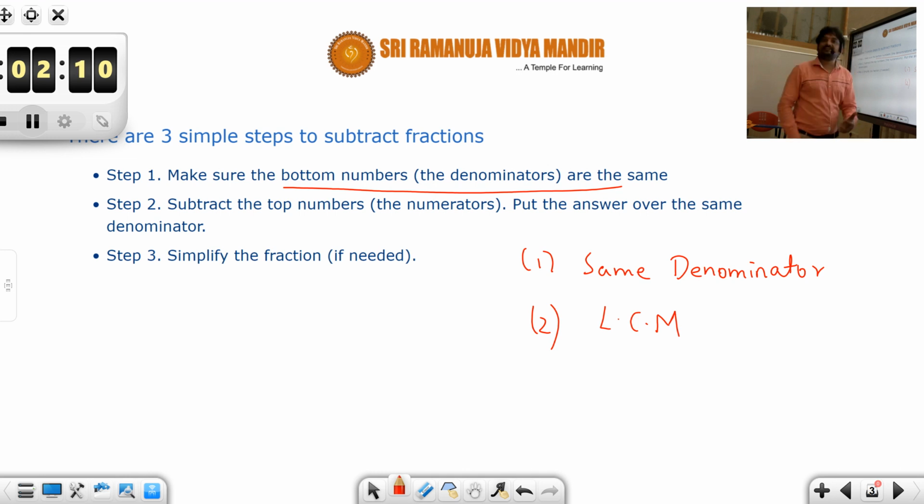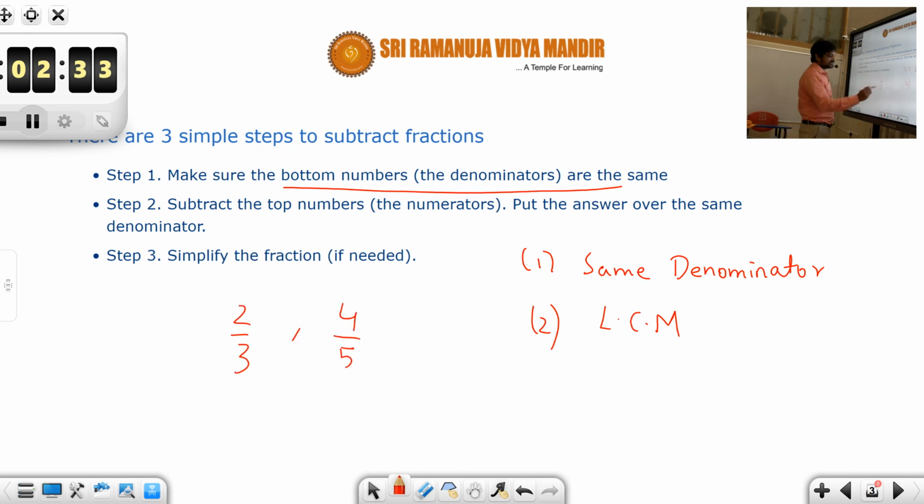In the same denominator method, what do we do? We'll multiply the denominator of the second fraction with the numerator and denominator of the first fraction. Similarly, we'll multiply the denominator of the first fraction with the numerator and the denominator of the second fraction. Suppose you are given 2 by 3 and 4 by 5.